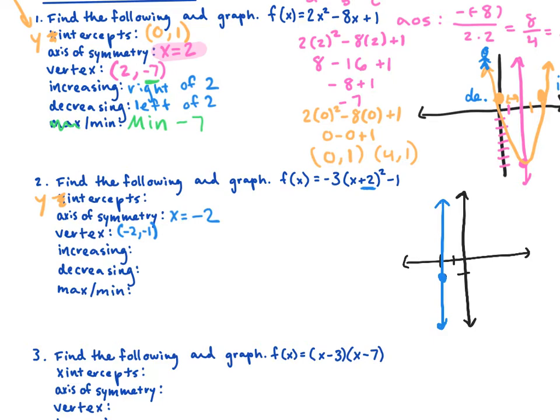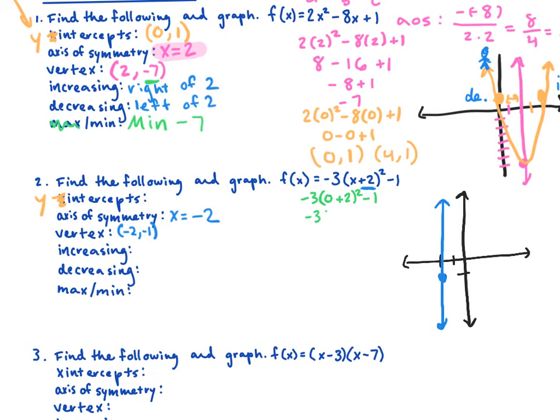How would we find our y-intercept here? You would plug in 0 for x. Awesome. We plug in 0 for x. So here it's not as clear to see, so we just need to plug in 0. So we have 0 plus 2 squared times -3 minus 1.